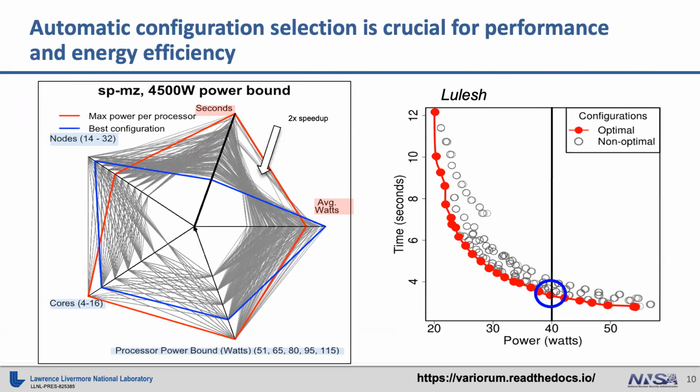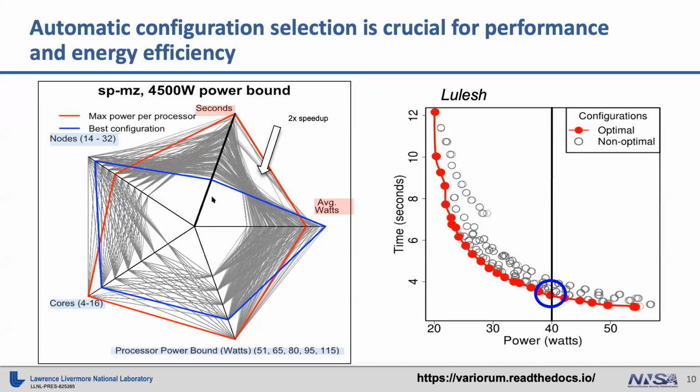This center point here is 0. So essentially we want to pull down on the seconds axis, so we run the application in less time, right? For the application to run faster, we pull down on the seconds axis, and we want to push out on the power axis. So we want to consume as much power as we can while executing as fast as we possibly can.